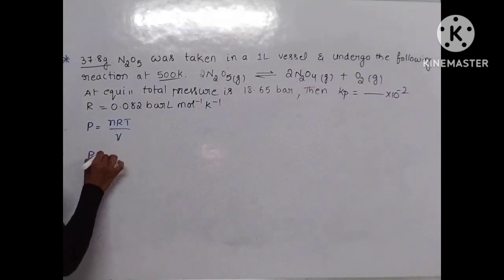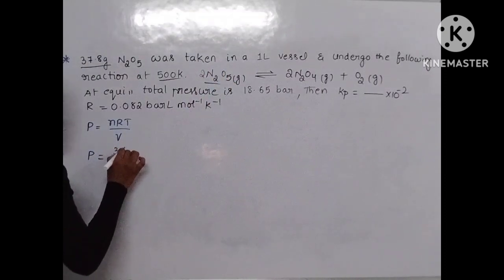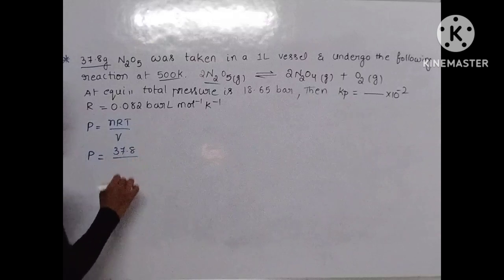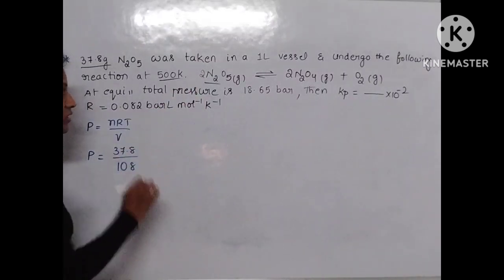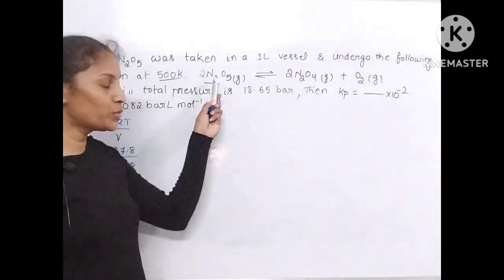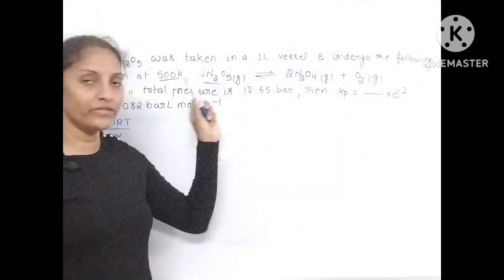So P equals n, the number of moles for N2O5, which is given weight upon molecular weight. The molecular weight of N2O5 you can take as 108, since N is 14 into 2, plus 5 into 16.